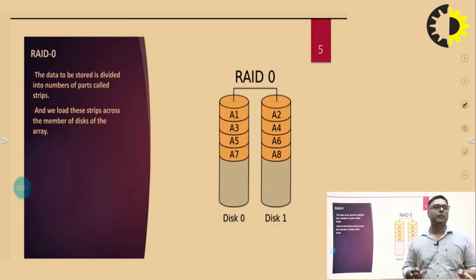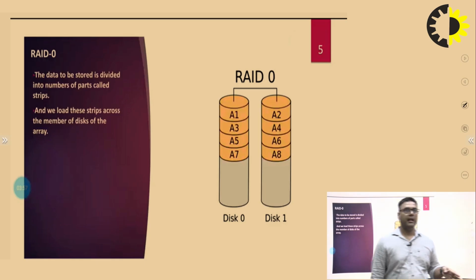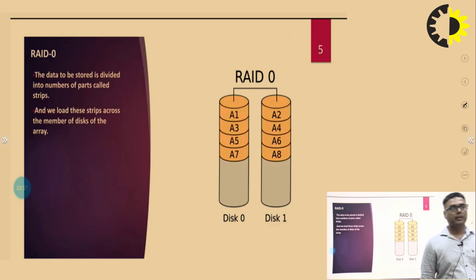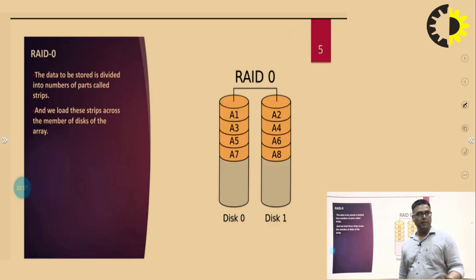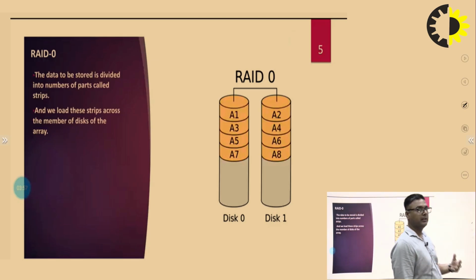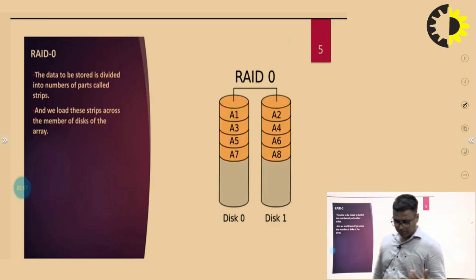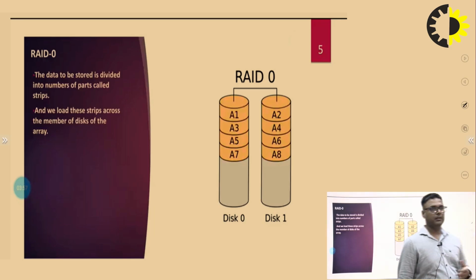Through this process, loss of data decreases and data availability improves, because if one disk is corrupt, another disk is working, so the maximum amount of data is available, my work is not affected, and throughput increases. All work depends upon your data availability.